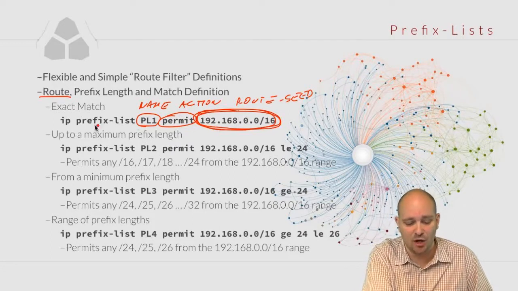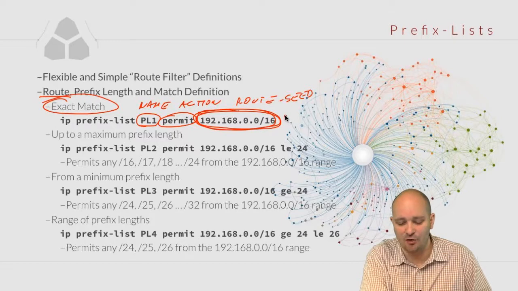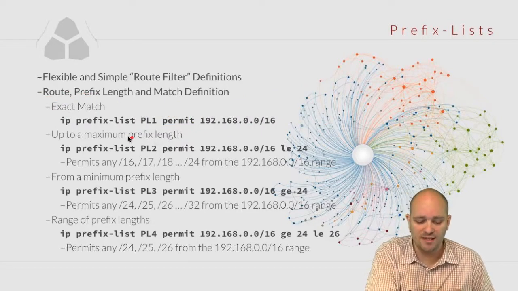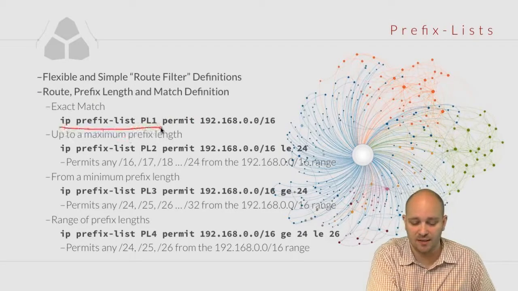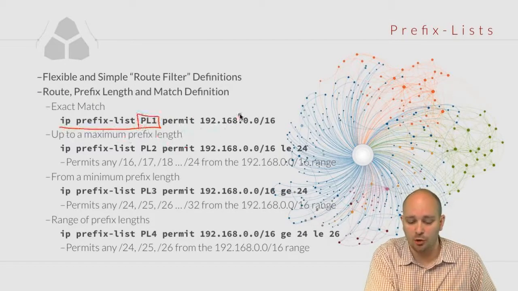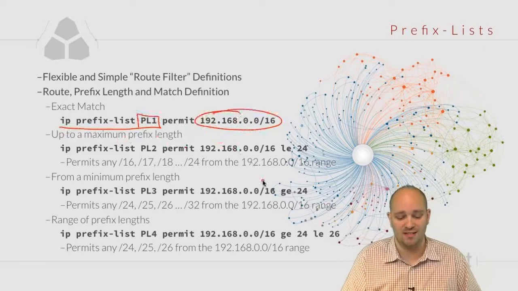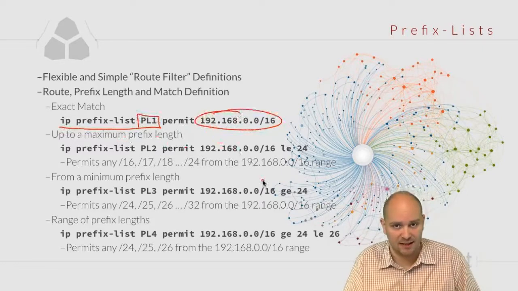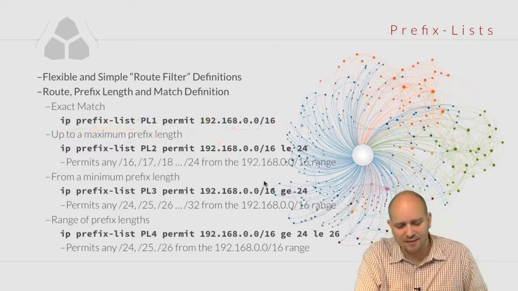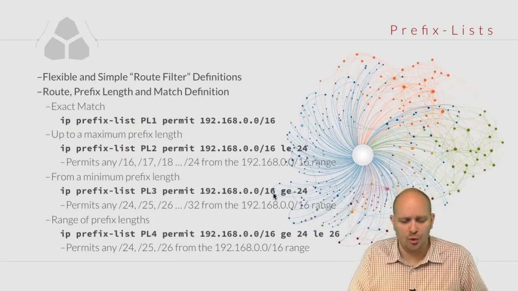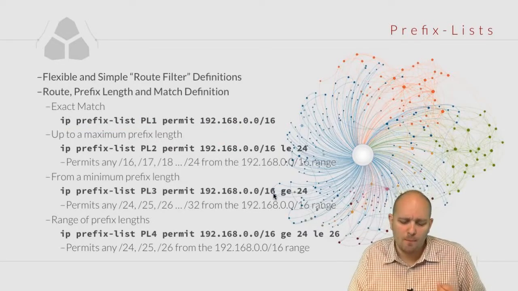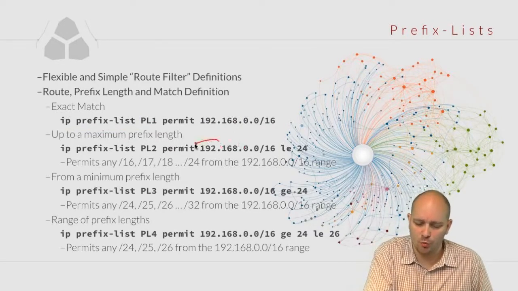And in this case here, we are defining an exact match because we don't have any other action that follows here. So with this definition of IP prefix list PL1, we are going to be matching only the 192.168.0.0/16 route.